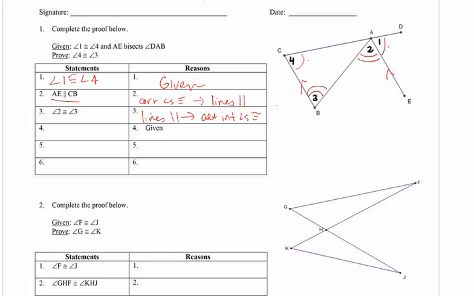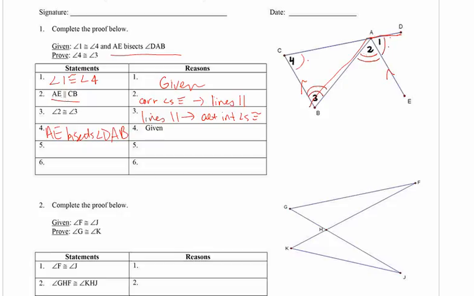so I can put that in my if statement, and then I'll call these alternate interior angles, which should be congruent. Step 4 was a given, so let's go back, and I have not put this information in yet. AE bisects angle DAB. After that statement, typically what you're going to see are two angles that are congruent to one another. DAB is here, and it's composed of angle 1 and 2. So it turns out that angle 1 is congruent to angle 2.